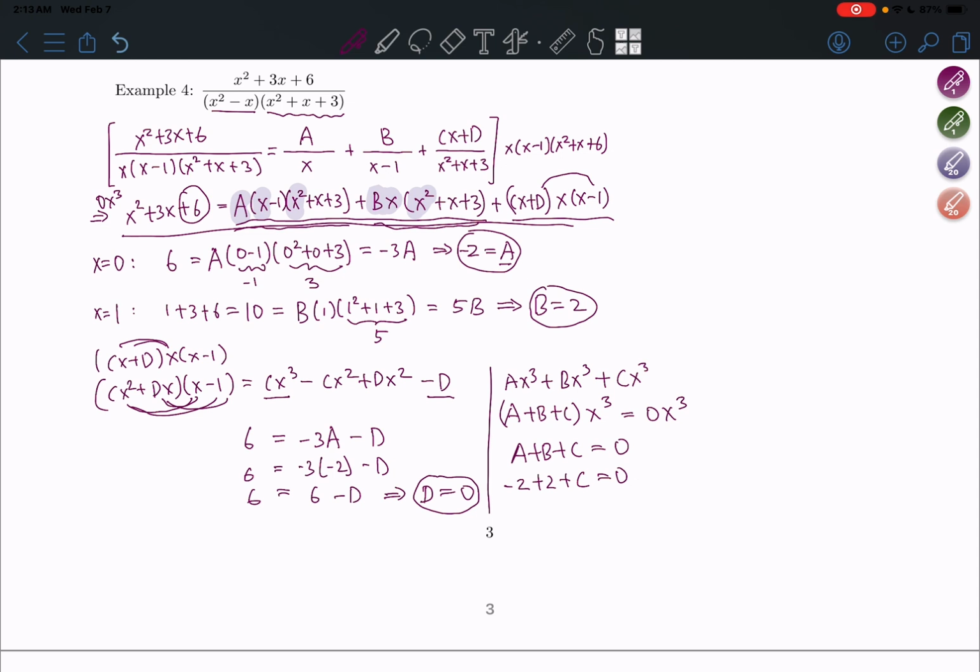I mean, C and D cannot both equal 0 because that Cx plus D term goes away. That's not possible. What happened here?